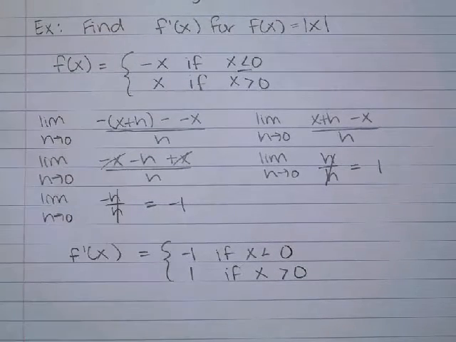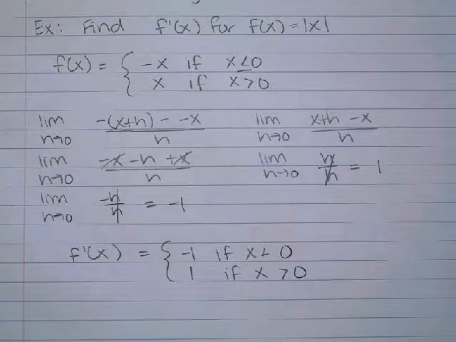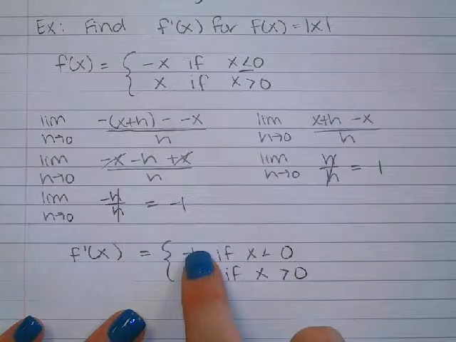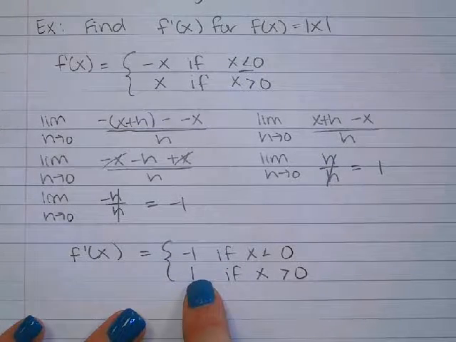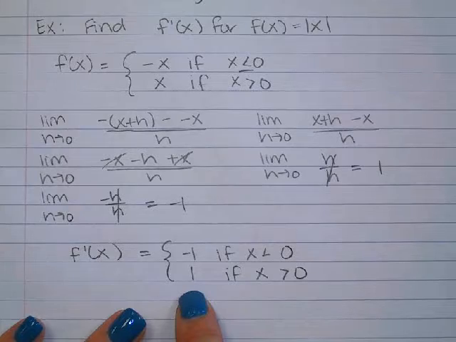So we found the derivative of the left side and the right side. The part that we're concerned about is what the limit is, or what the derivative is at 0 exactly, right? So what do you notice? This is our left-hand limit, basically, our left-hand slope and our right-hand slope. What do we notice about the two different slopes on the left side and the right side?